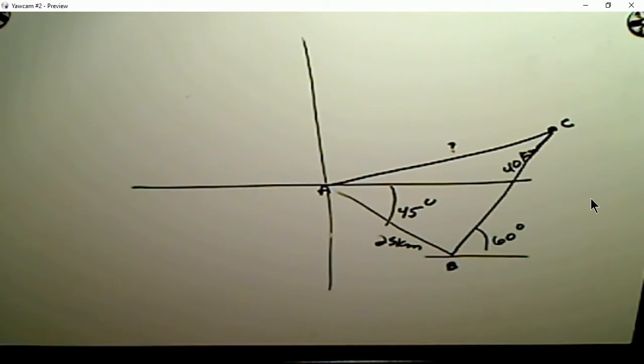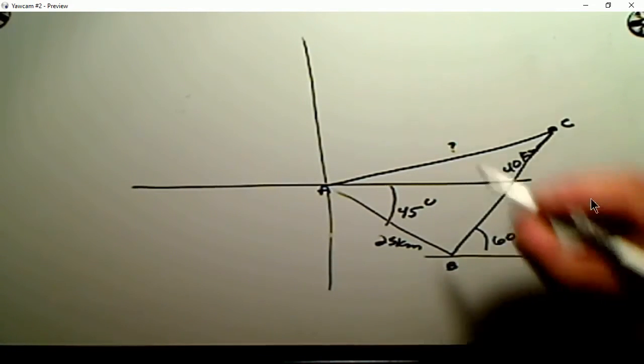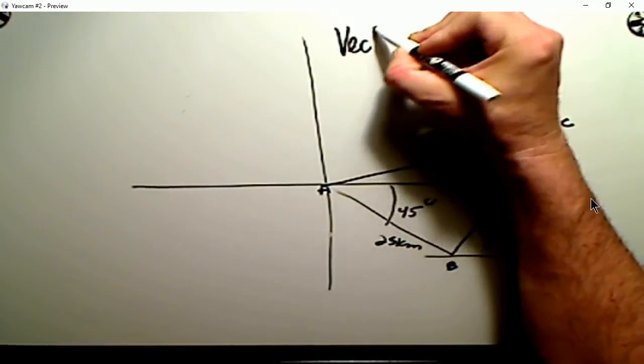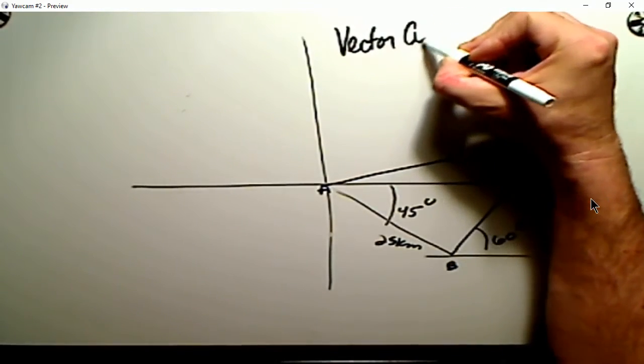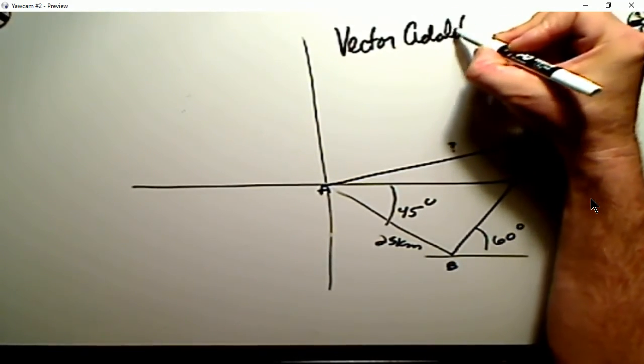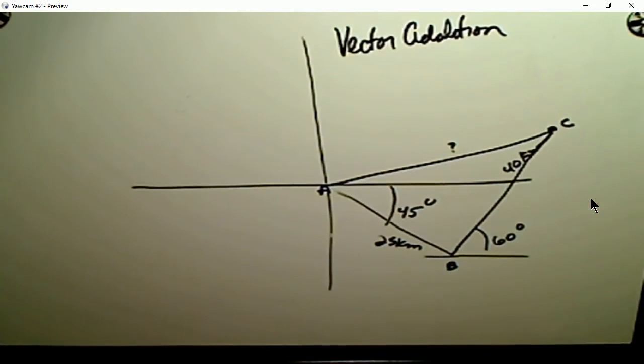The way we can find that out is we can do vector addition by breaking each vector into its constituent components.